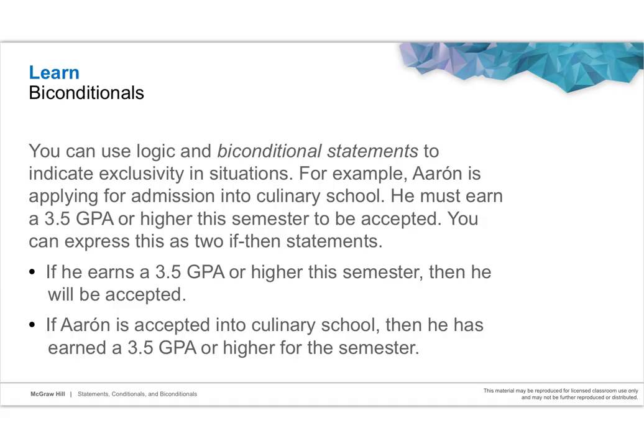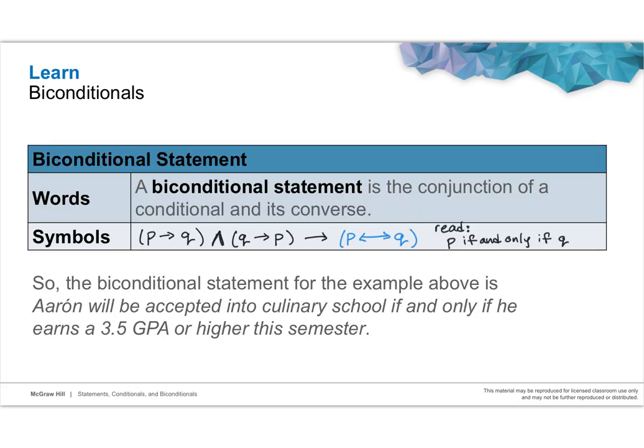So when we see the symbol for, because we have a conjunction of the conditional and its converse, remember a conjunction is that word and, so both of those things are true, the conditional and its converse. We can say that if P then Q and if Q then P can be condensed into P and then a double arrow to Q, double-ended arrow there.